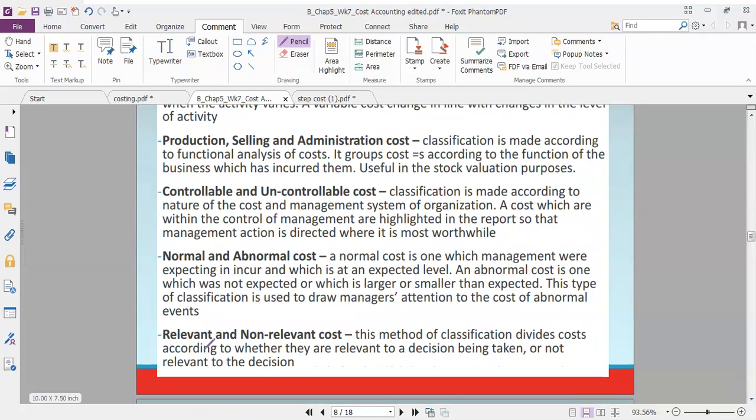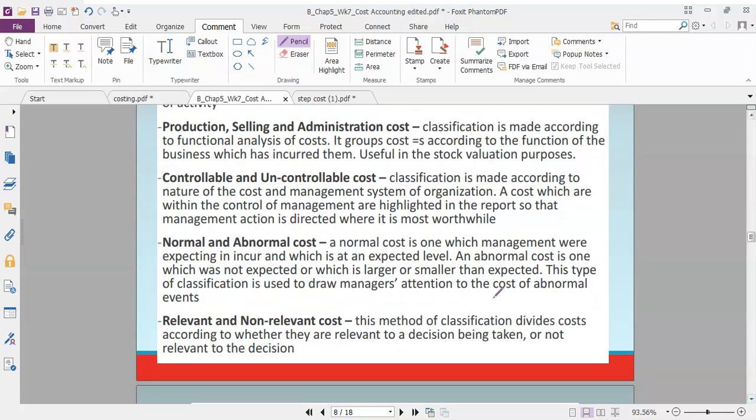So there is one that is relevant and non-relevant. Okay, these methods of classification divide costs according to whether they are relevant to the decision being taken or not. Sama ada management akan tentukan mana-mana cost yang relevant dia akan includekan.